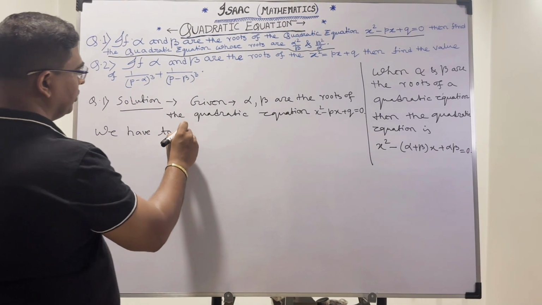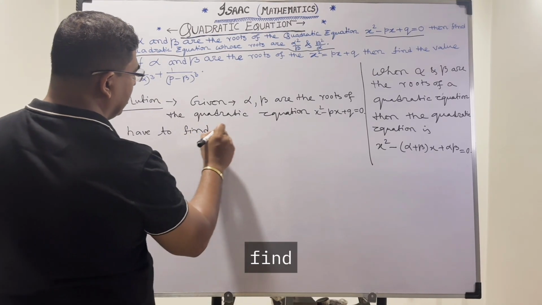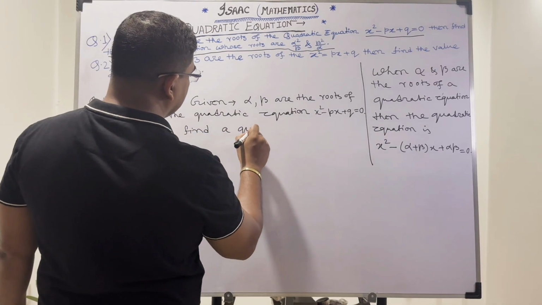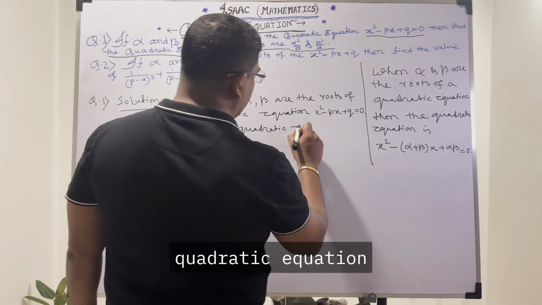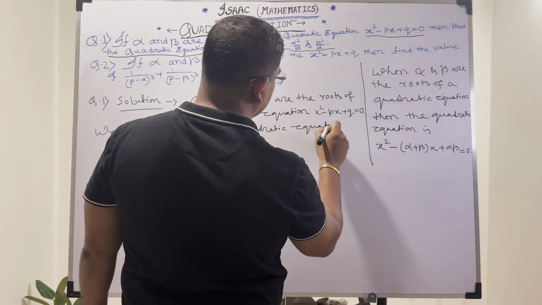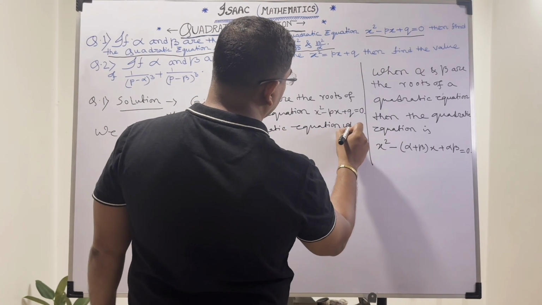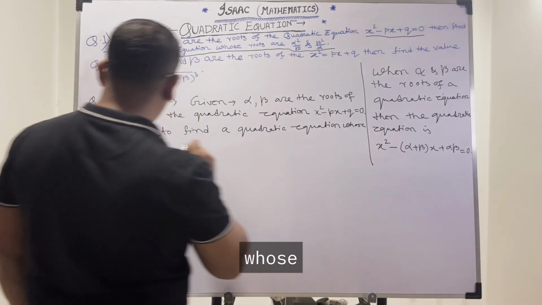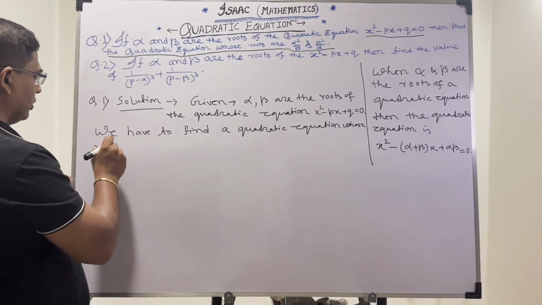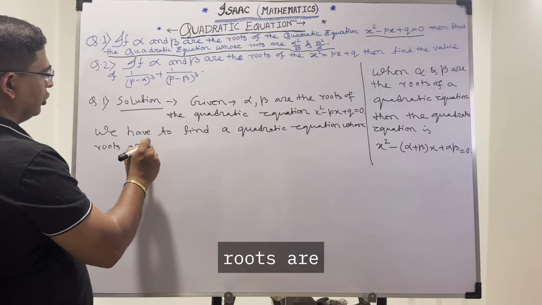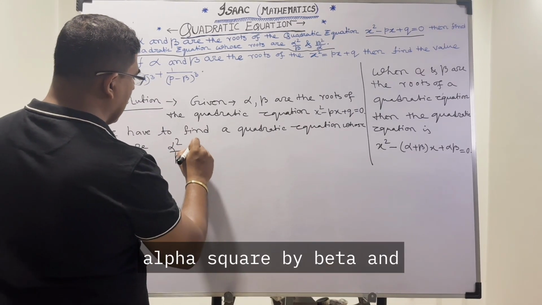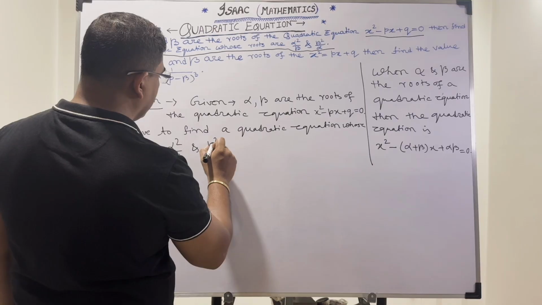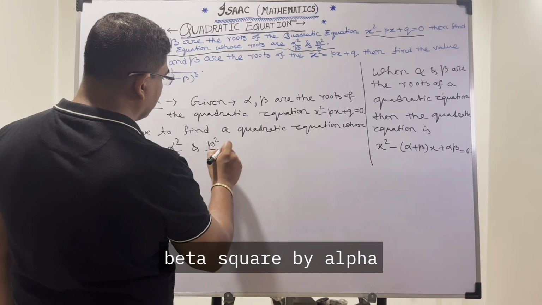We have to find a quadratic equation whose roots are alpha square by beta and beta square by alpha.